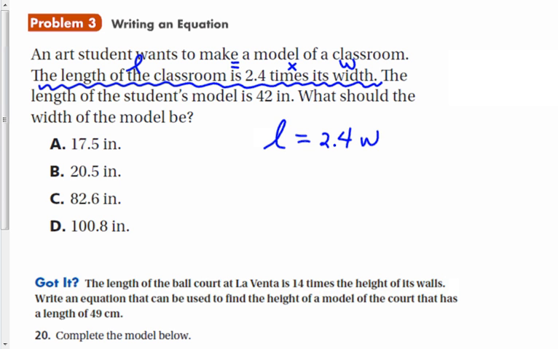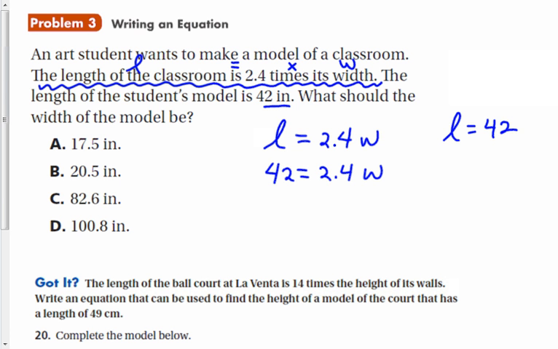Okay? And then reading on in the problem, it says the length of the student's model is 42 inches. So we are given the length is equal to 42. What should the width of the model be? So now we can substitute in 42 for our length. And so we're just looking for some number multiplied by 2.4 that equals 42.